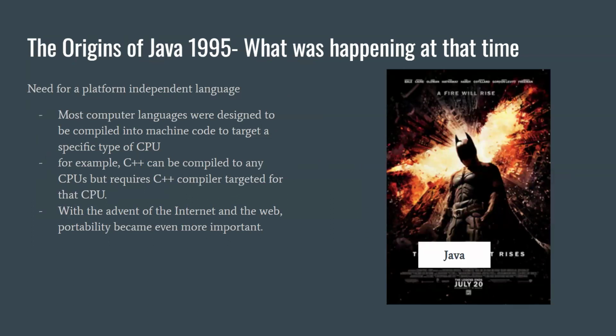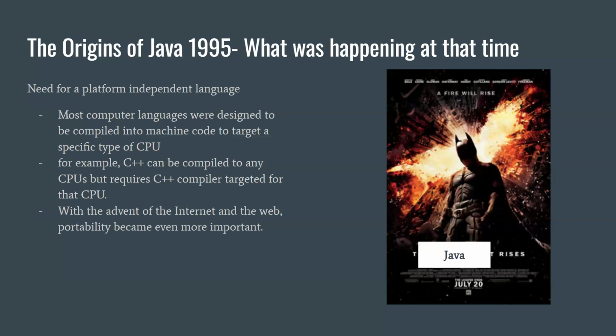So for example, if you have C++ code, it can be compiled to any CPU, but it requires a C++ compiler targeted for that specific CPU.